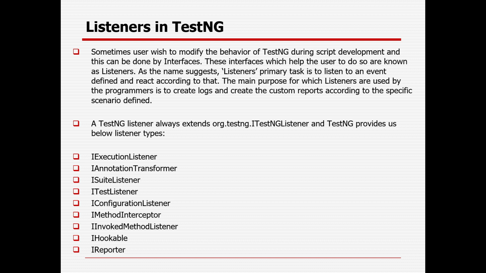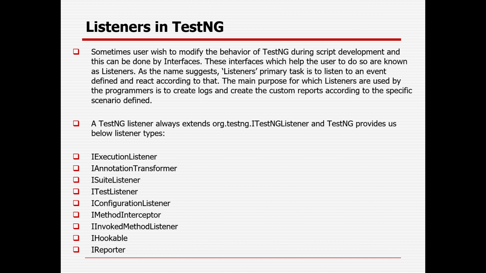As the name suggests, a listener's primary task is to listen to an event, define and react according to that. The main purpose for which listeners are used by the programmer is to create logs and create custom reports according to the specific scenario defined.